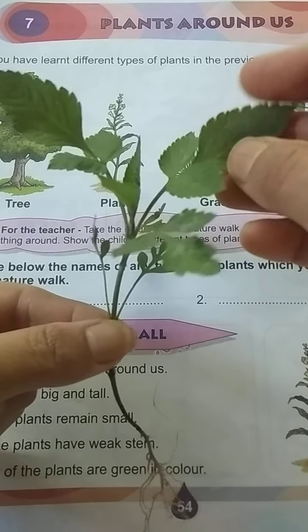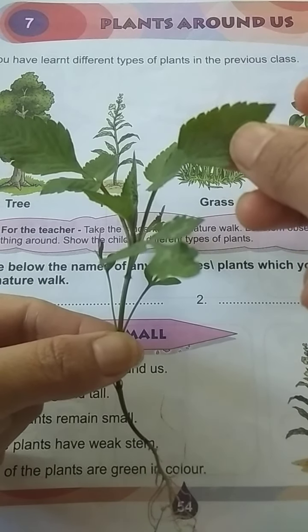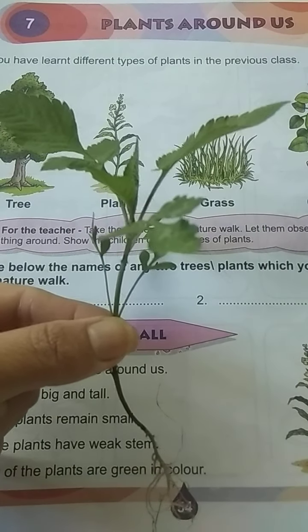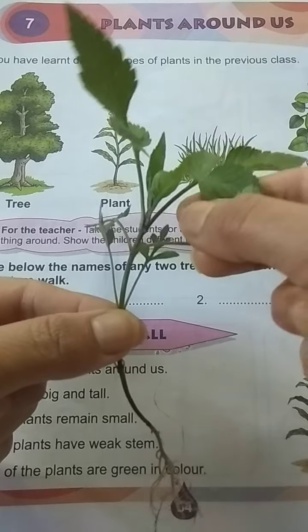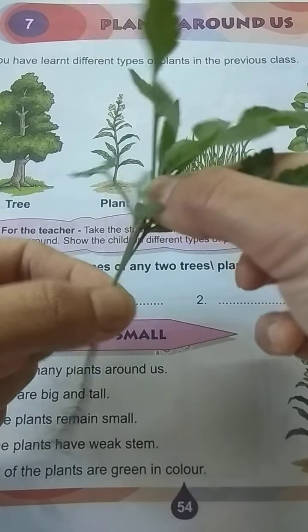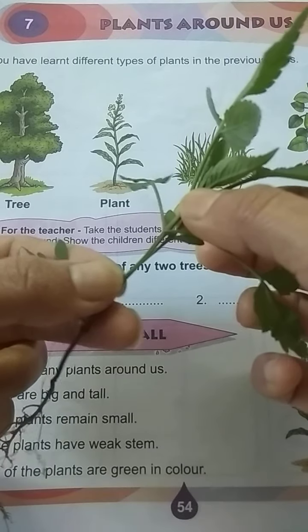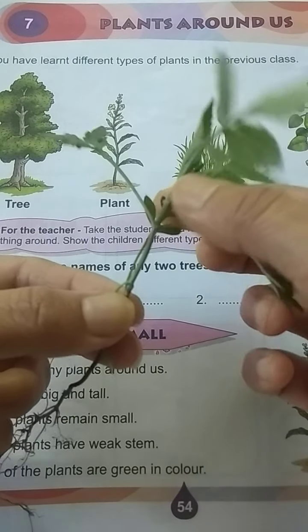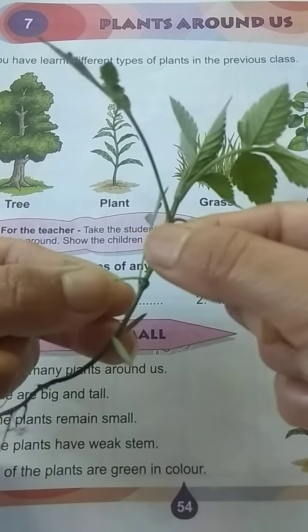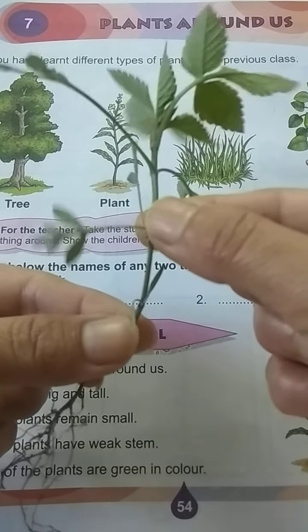See how beautiful these green leaves are? And these green leaves are then attached to a very thin structure which we call stem. It's a green color structure and it is called stem.